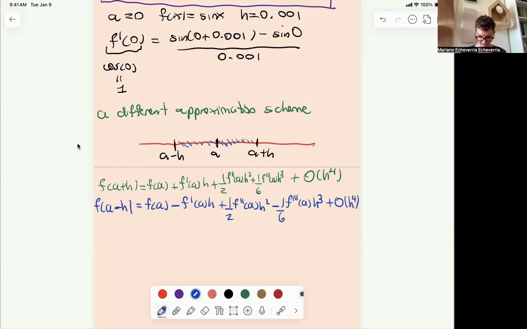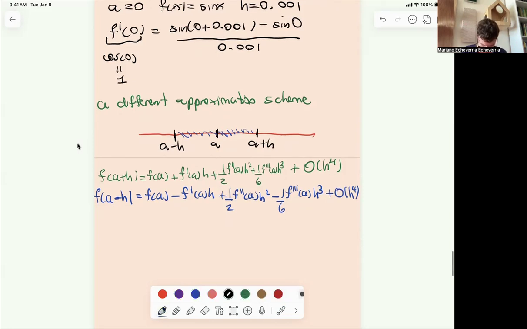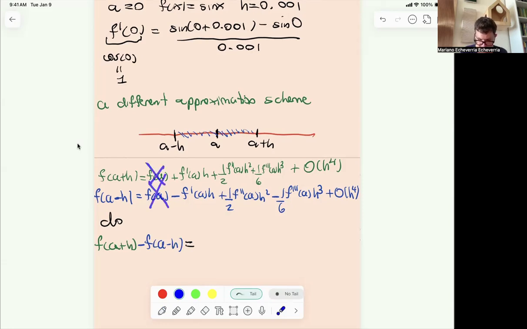So what you can do is f of a plus h minus f of a minus h. And what is that going to be equal to? When you subtract this one from this one, the f of a terms cancel because they have opposite signs, and the minus becomes a plus, so you get 2 times f prime of a times h, right?